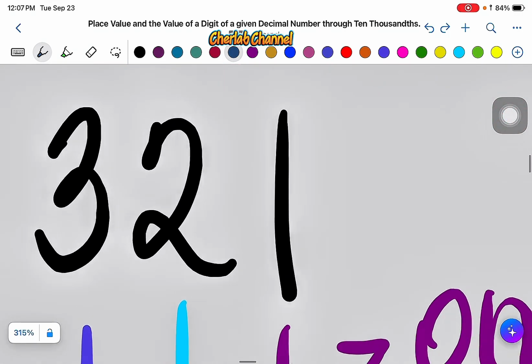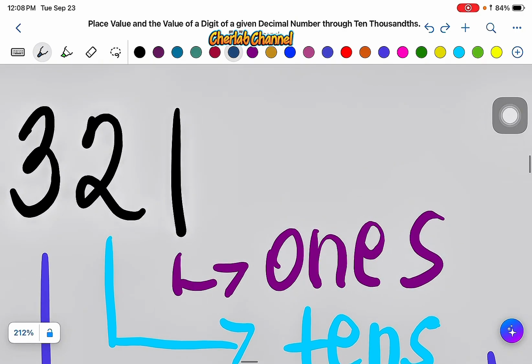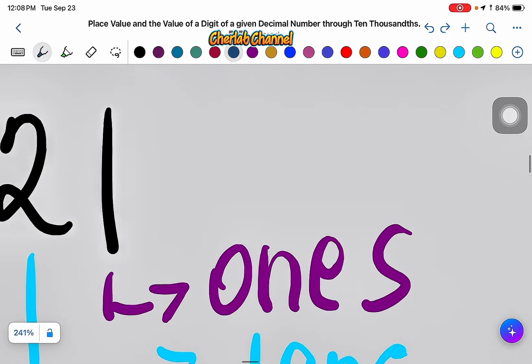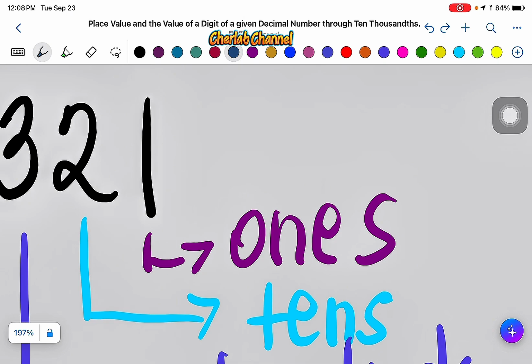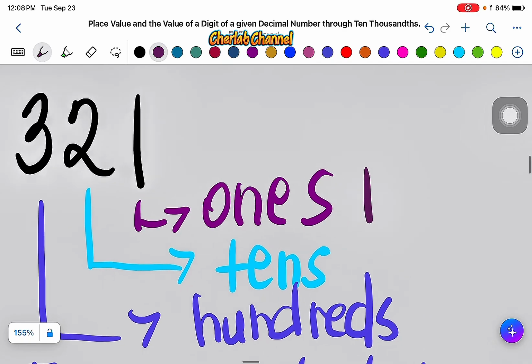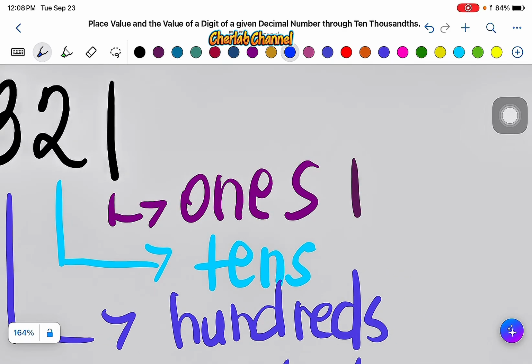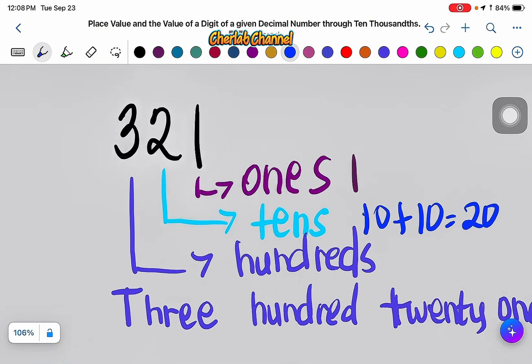Another example, 3, 2, 1. How do we read that? First, let's identify the first number. 1 being in the ones place. Then that means we have one stick, all right? And then 2 for the tens, which means we have 2 tens, dalawang tig-sampo, meaning 10 plus 10 is 20.